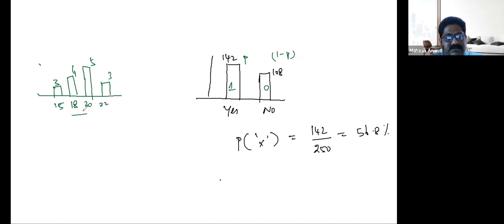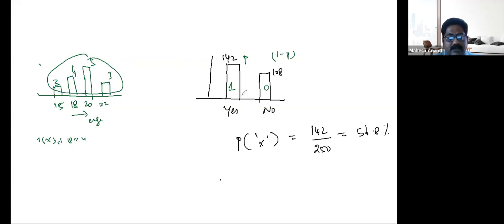Suppose I ask you, this is a quantitative variable, let us say age. What is the average age from the histogram? So 15 times 3 plus 18 times 4, 20 times 5, 22 times 3, whole divided by the total count, right? Same way we can work out this 56.8.